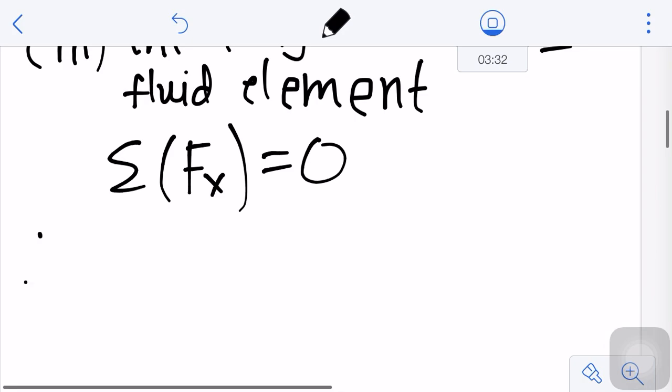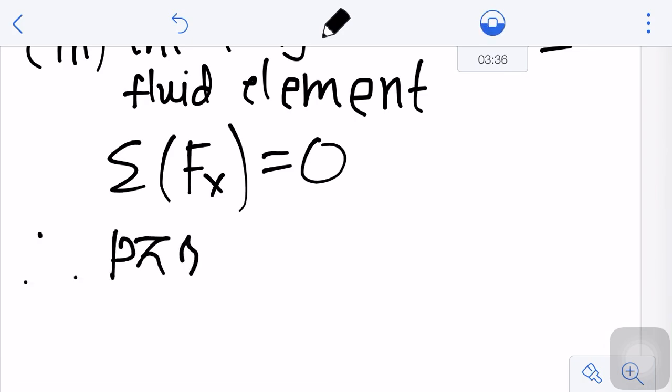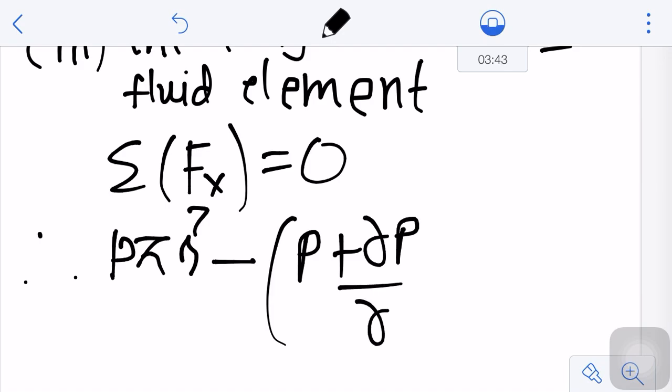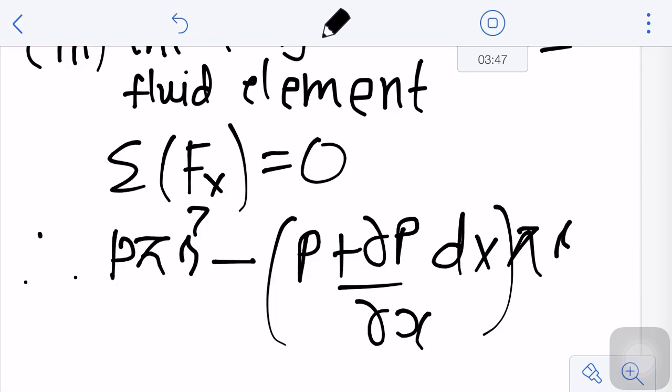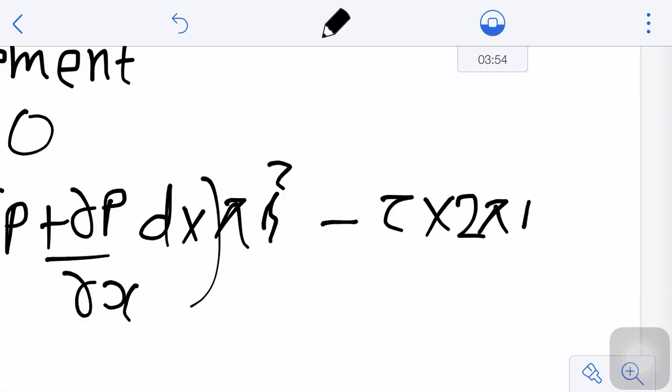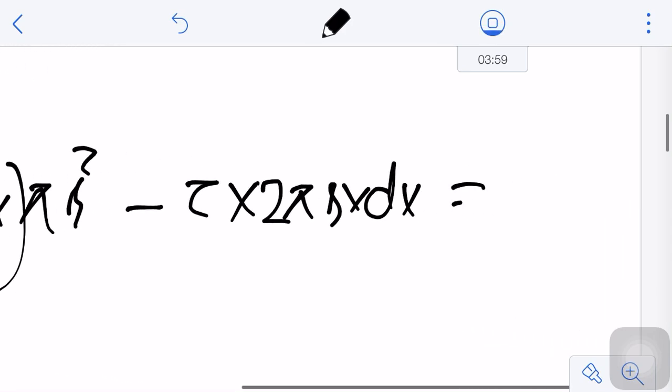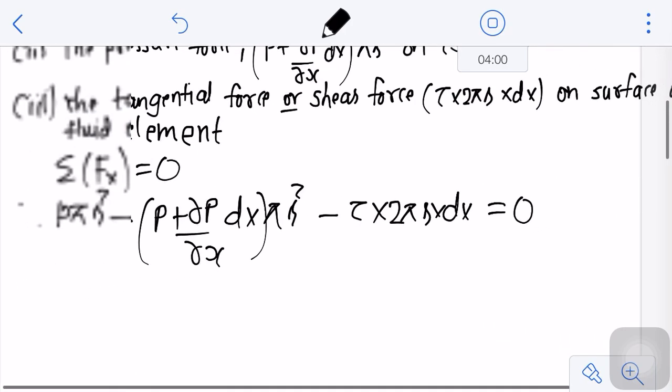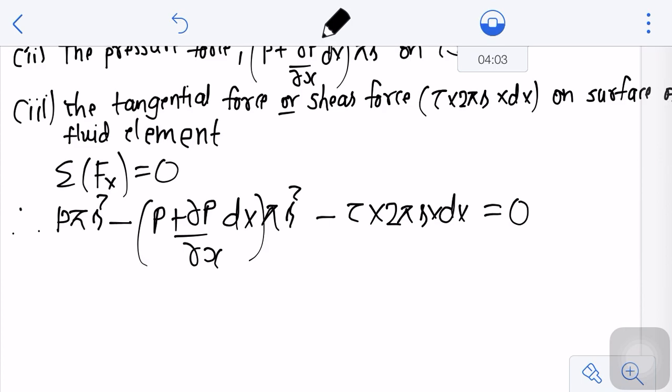We can write it this way: P into pi r square minus P plus curly P upon curly x into dx into pi r square, minus tau into 2 pi r into dx, equals 0. These are the forces we are going to resolve in this direction.